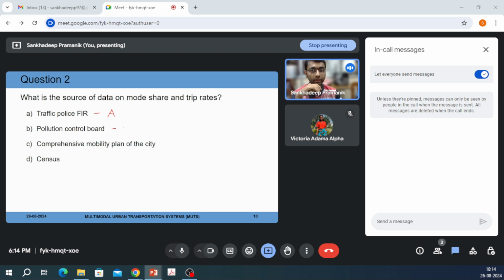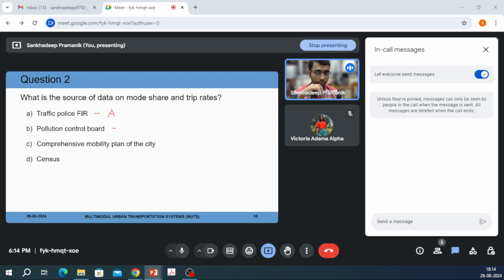These kind of data are collected by the pollution control board. Then census data is how much population is there. These kind of data or some detailed household data may be there with the census department.